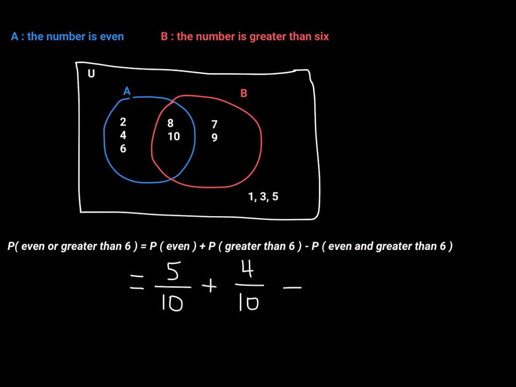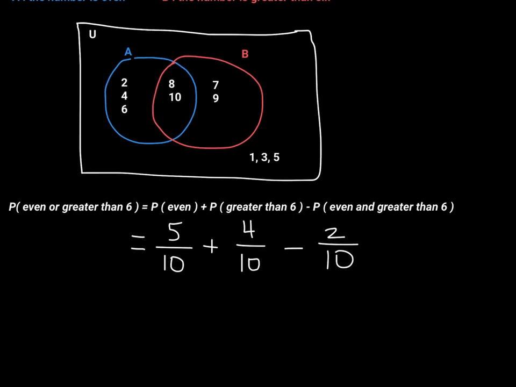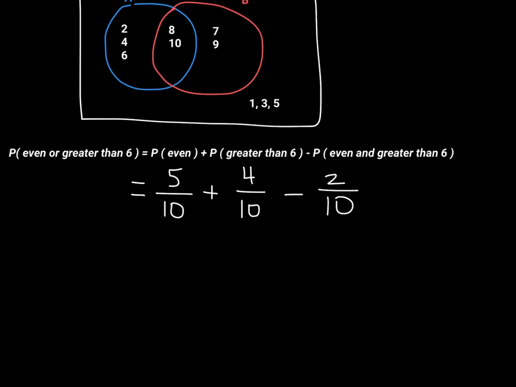This is one of the reasons for the Venn diagram, it helps us with a visual: there are two numbers that satisfy this description. These two numbers are both even and greater than 6. So therefore, this probability is 2 out of 10. If we do this arithmetic, we'll have the probability of choosing a number that is either even or greater than 6. So 5 plus 4 is 9, minus 2 is 7.